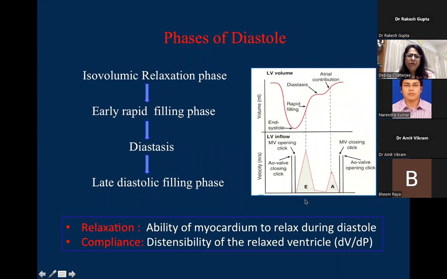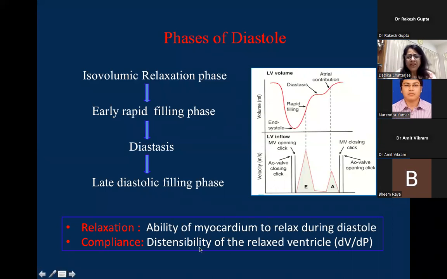And you must have seen the two factors are strongly associated with the normal diastole. One is the relaxation of the myocardium, the ability of the myocardium to relax during diastole, and the other is compliance. LV has to undergo this distensibility. LV must be compliant to receive the blood from the left atrium.